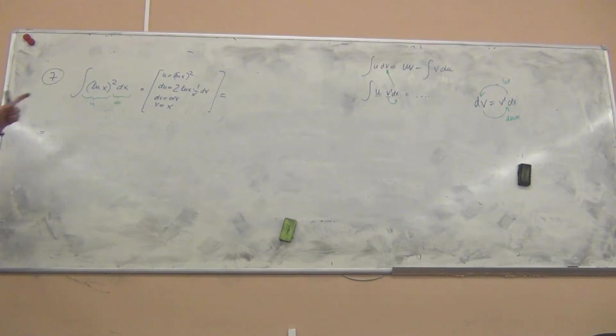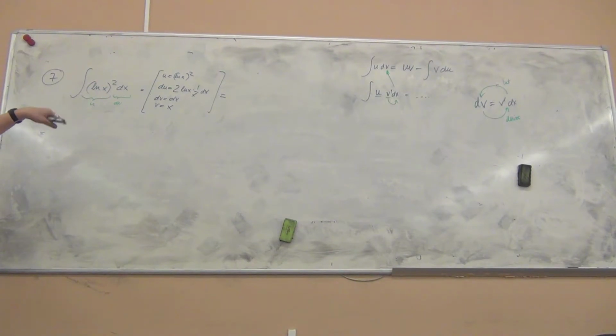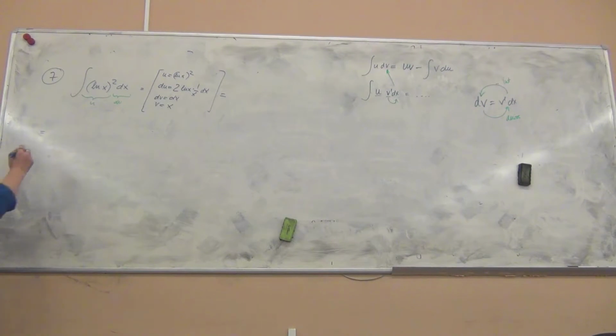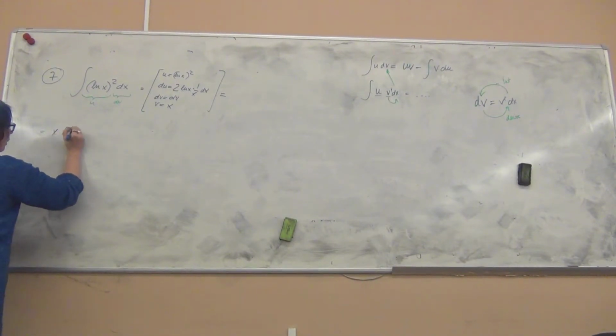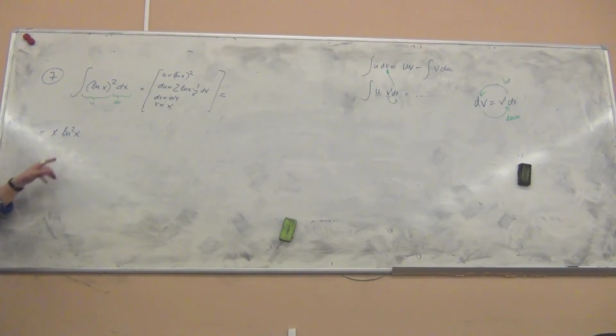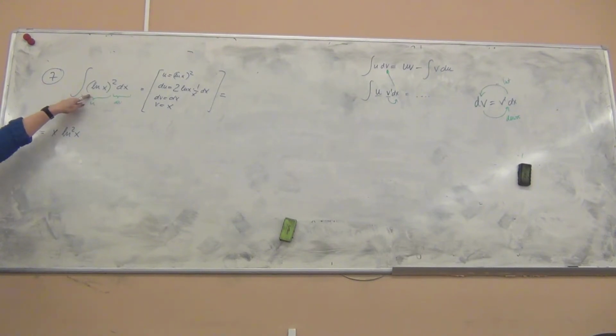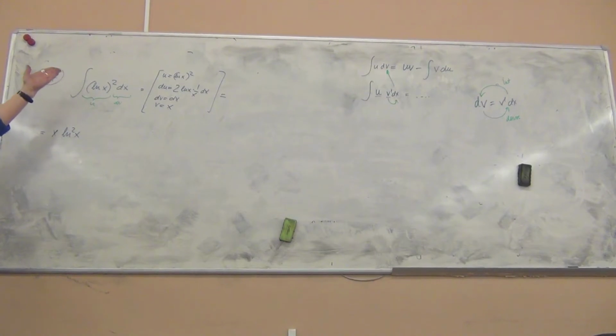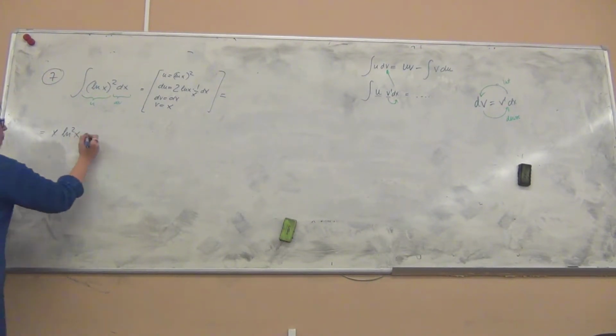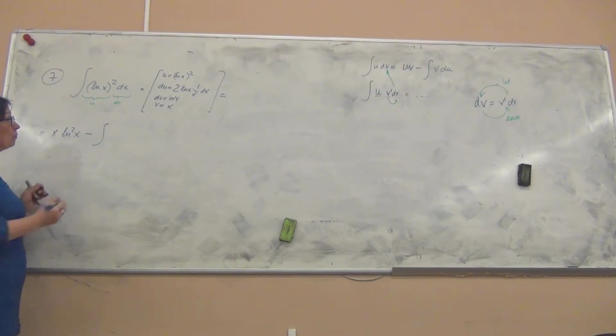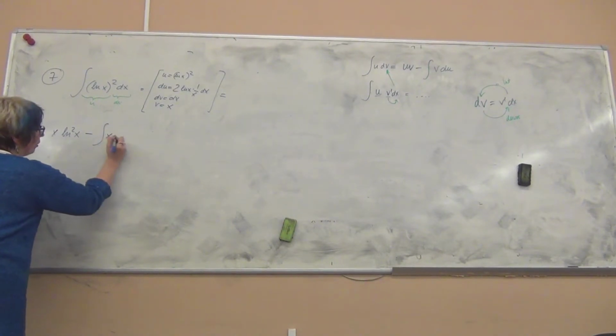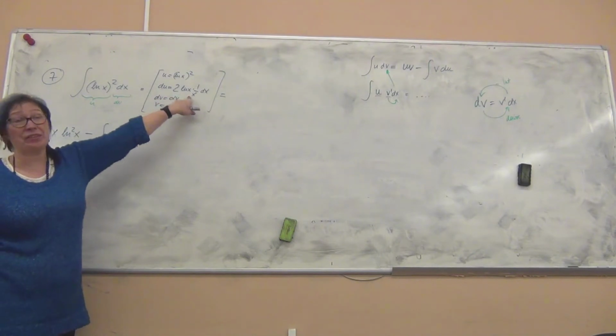Alright, uv, according to the formula, x times ln squared of x. Easier to write it like this than this, it means the same thing. But I put it like this so that people do not get too confused. Minus integral v du. The first one is x times du, which is this.